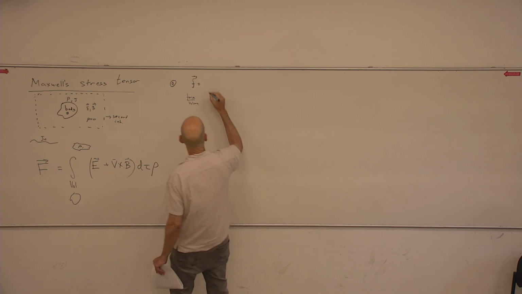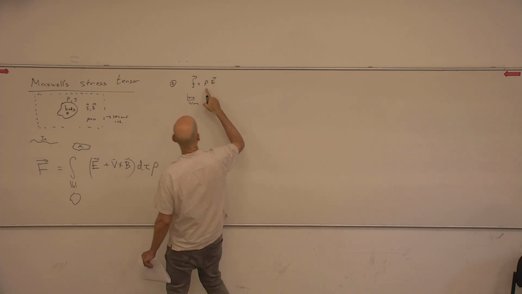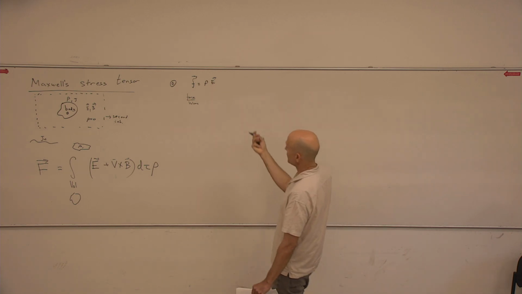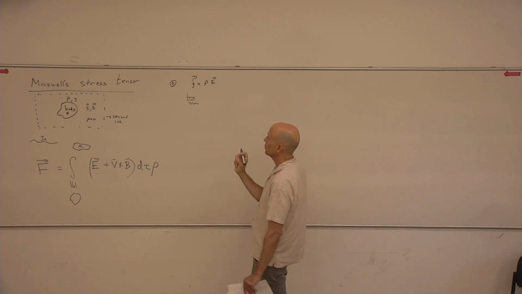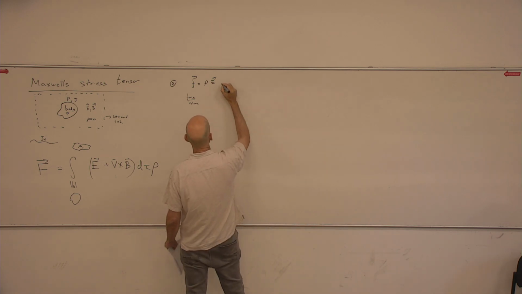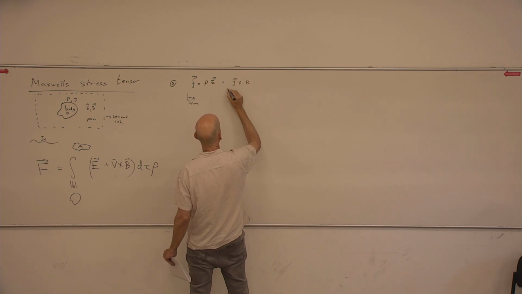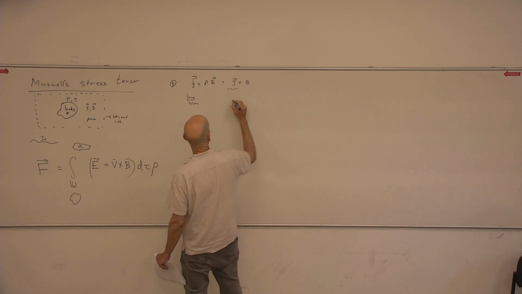And this is simply equal to rho times E. You see here the usual charge times E divided by volume. This F is at a local point in space, right? It's not a global force. Plus J cross B. And what did I use here? You see V times rho.